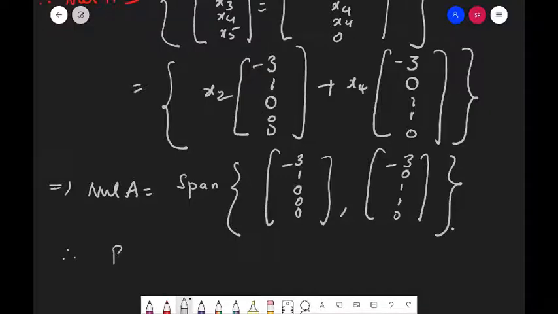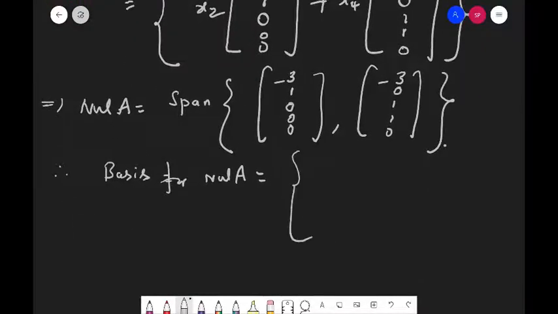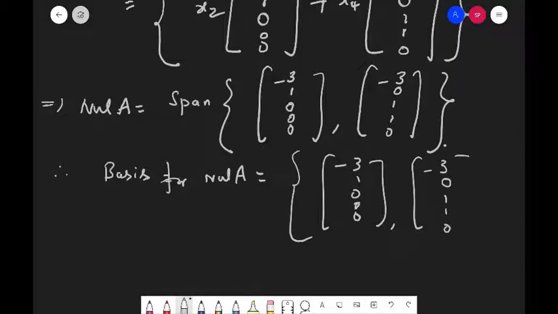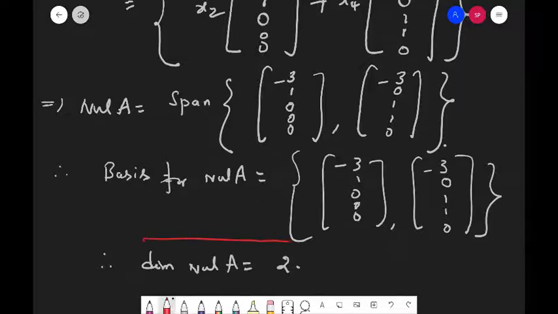Therefore, the basis for null A contains these two vectors, and the dimension of null A is equal to 2.